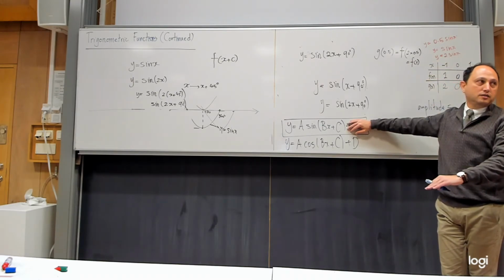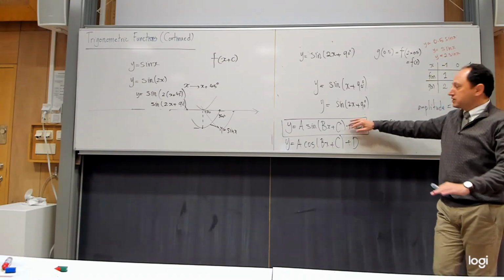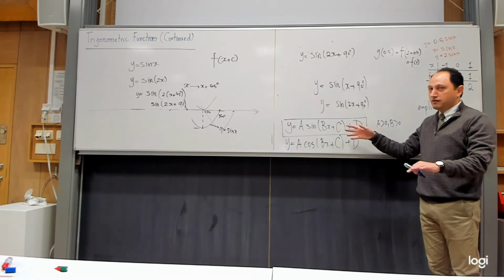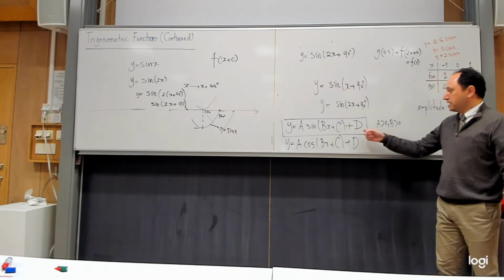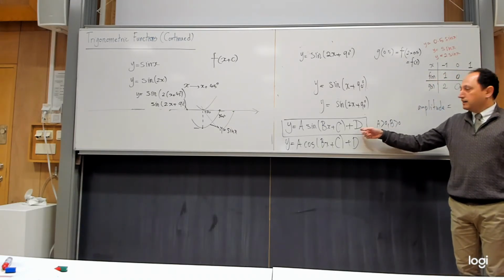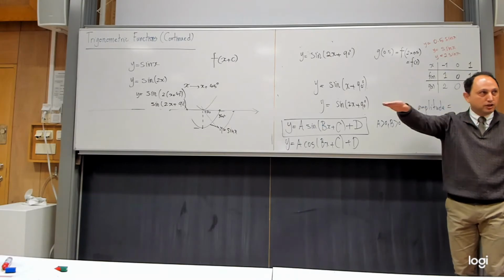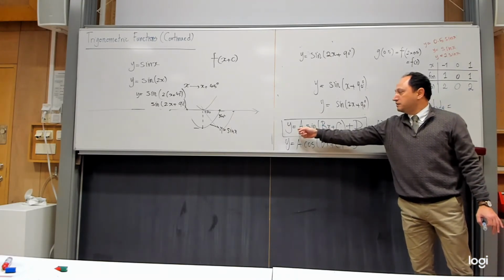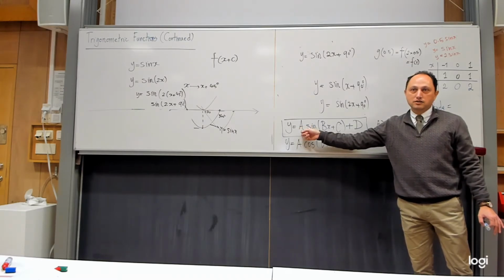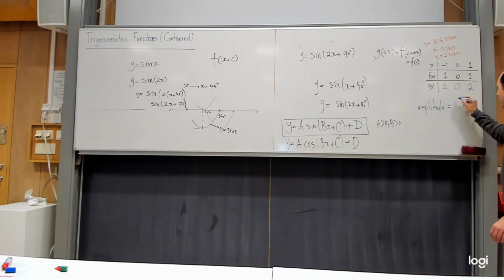Is that understandable? Because I am adding a number, I told you the effect of adding a number is going up and down. So you move the function up or down based on the sign of this d. And this would be the new equilibrium line. But still, how much will this be disturbed? A. So this amplitude is again A.